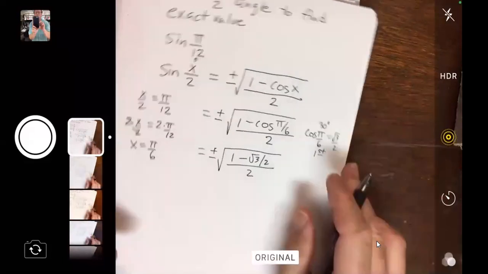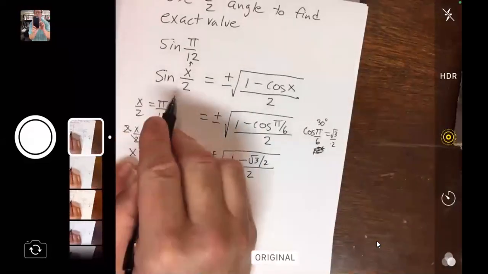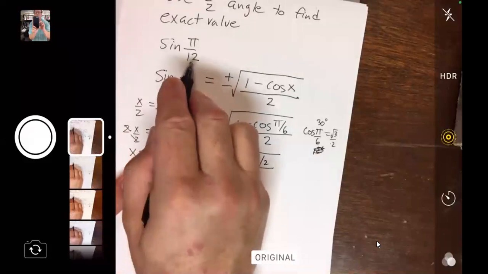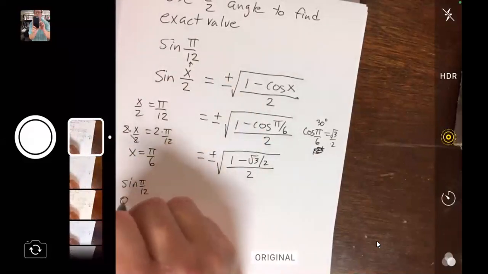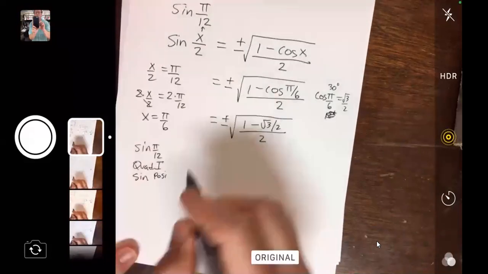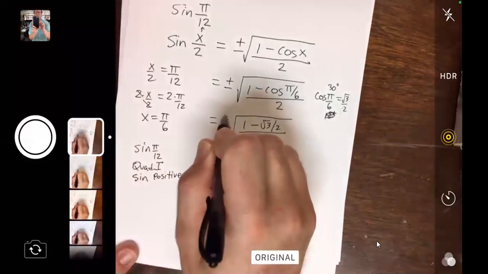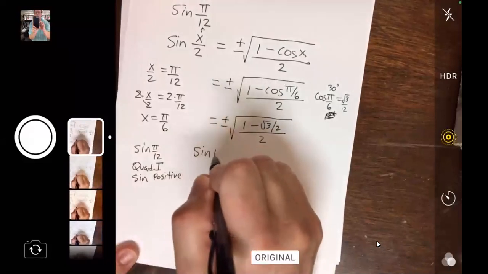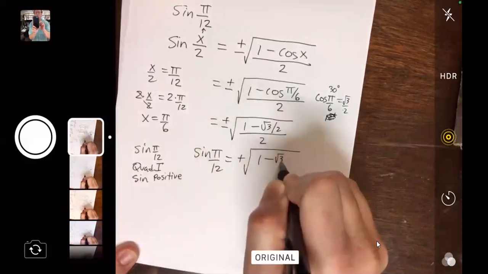Okay, actually, that's not where you pick it from. Sine of pi over 12, this is first quadrant. Quadrant 1, sine is positive. So we have plus sine of pi over 12 equals plus square root 1 minus root 3 over 2 all over 2.